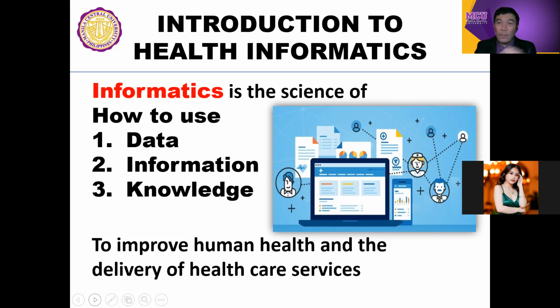So we know it, and it is clearly defined, so it now serves as information. Now, how will it serve as knowledge?